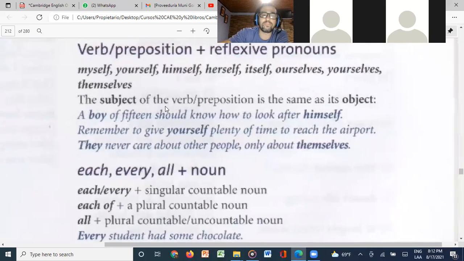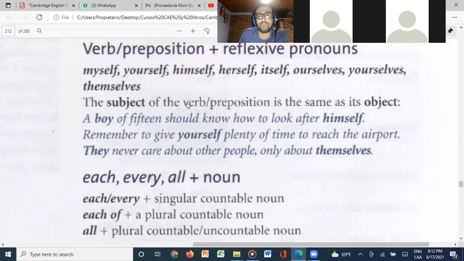It says here, the subject of the verb or preposition is the same as its object. If we are talking about a boy, then we go with himself. We can say a boy of 15 should know how to look after himself, cuidarse a sí mismo. So we say himself because it is talking about a boy.